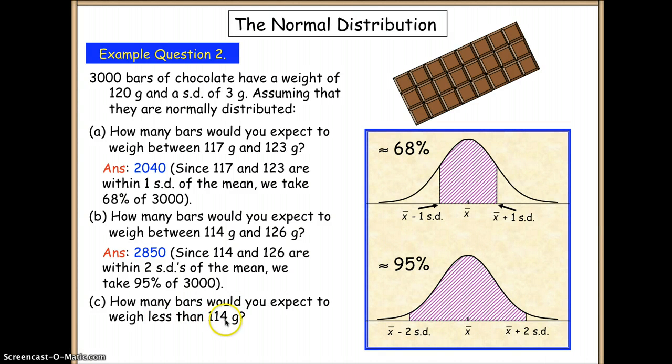So how many should weigh less than 114 grams? The answer is 75. 5% of the bars are outside two standard deviations of the mean, so just get 5% of 3,000.